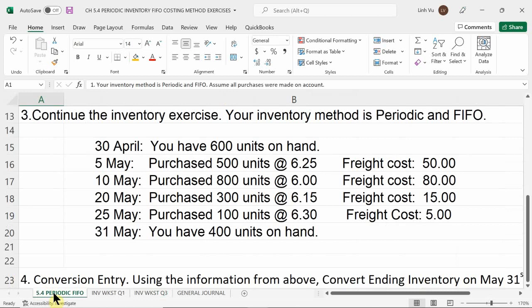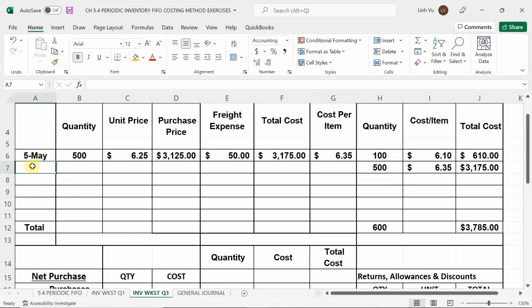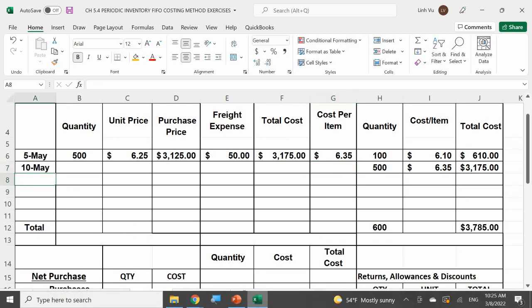So let's see what's next. Next we have on May 10, we end up purchasing 800 units at $6 each with a freight of $80. Okay. So May 10, 800 units, $6 each, and a freight of $80.